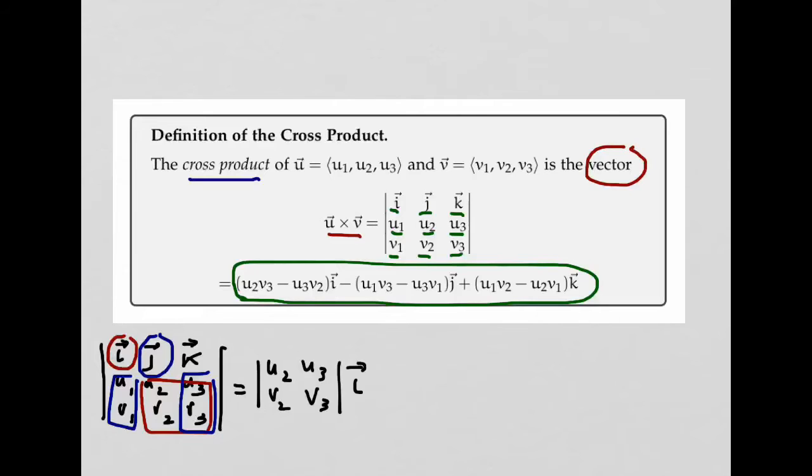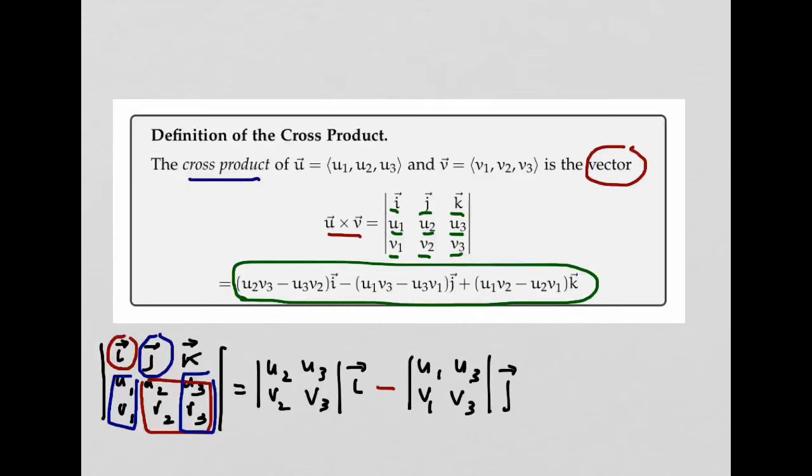So, minus, pay attention to the sign, it's a minus sign, not a plus sign. The 2 by 2 determinant u1, u3, v1, v3 times the vector j.